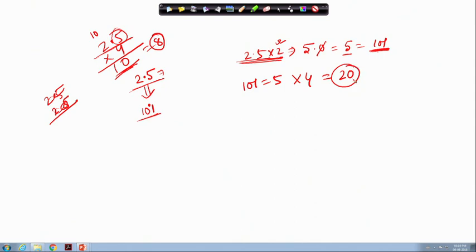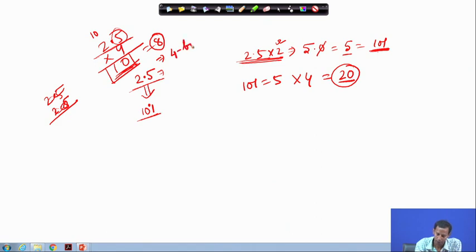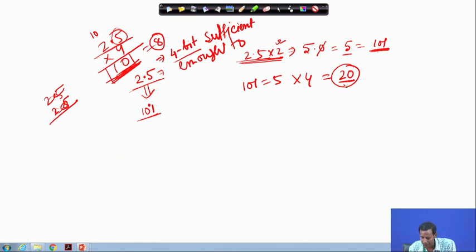Now, to represent this 20, my original value is what? It is 10. Let us consider that 4 bits are sufficient to hold the corresponding value of 10, but in actual fact the result is 20 because of the scaling.